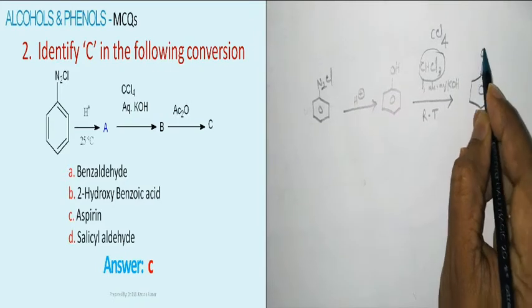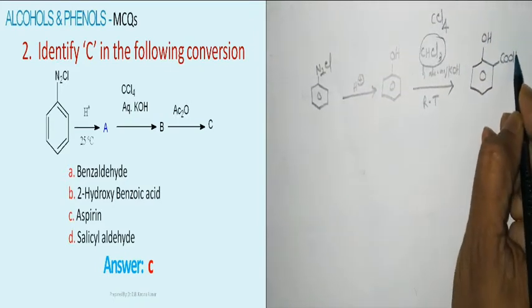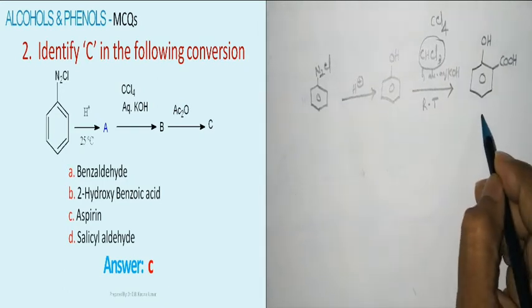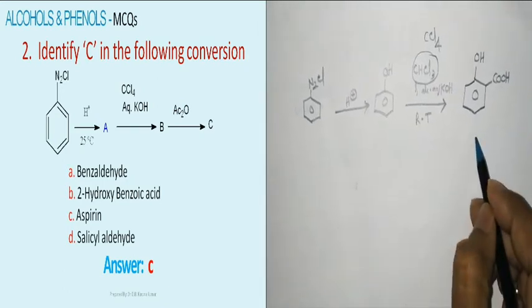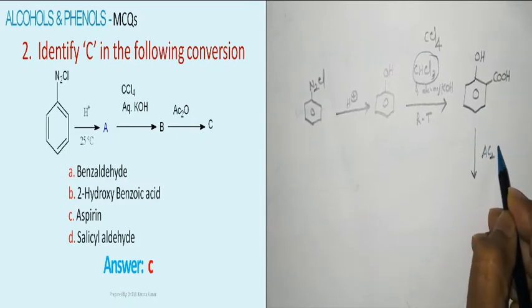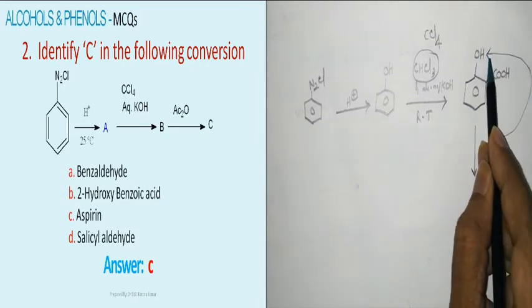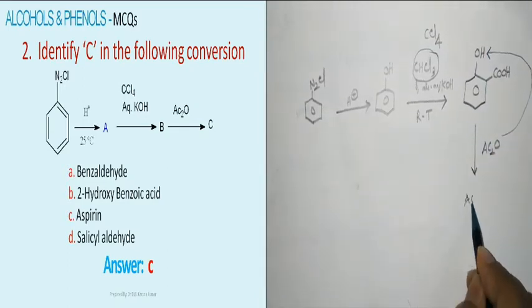Salicylic acid means there is a OH and COOH. So this is salicylic acid. This salicylic acid on treatment with acetic anhydride Ac2O will give an acetylation at this particular position, giving you aspirin as the product.